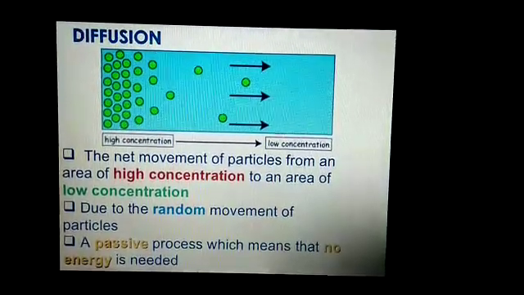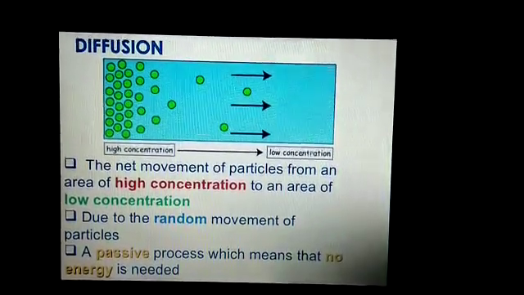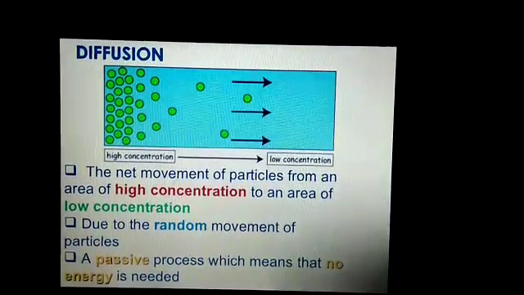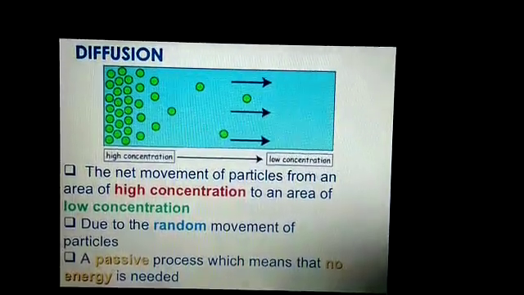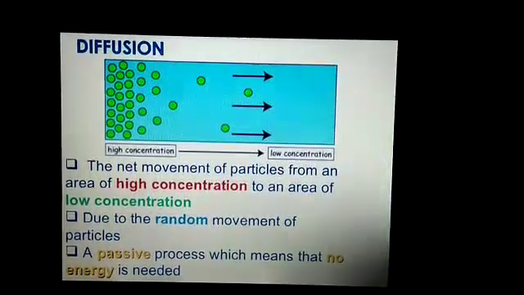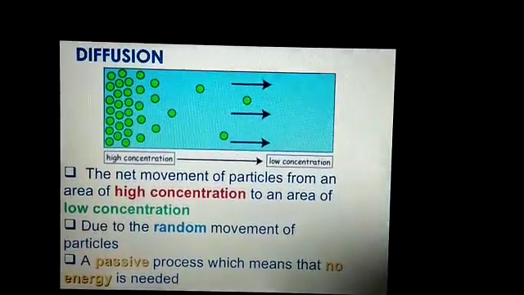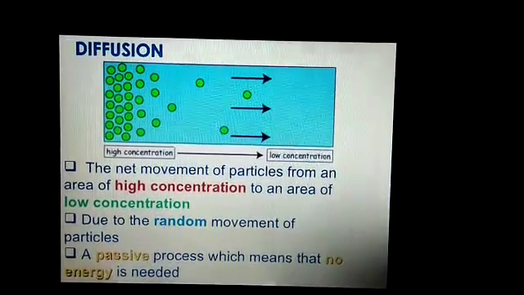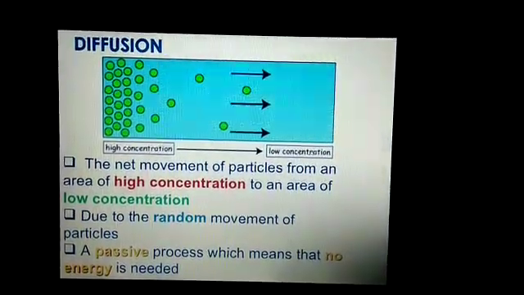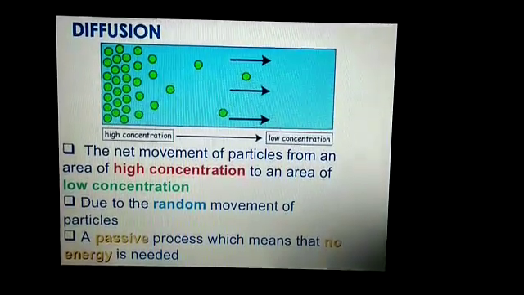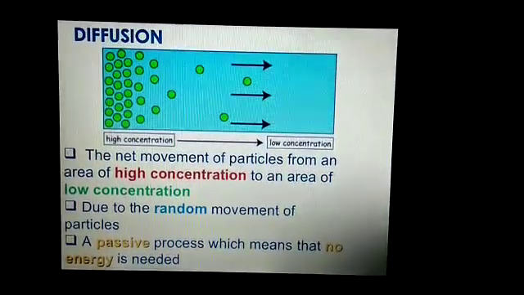Due to the process of photosynthesis, oxygen concentration is higher in the leaves and low in the outside surrounding. That's why oxygen molecules move from the leaf to the outer surrounding, from higher to lower concentration.